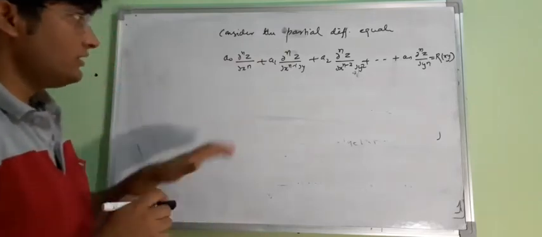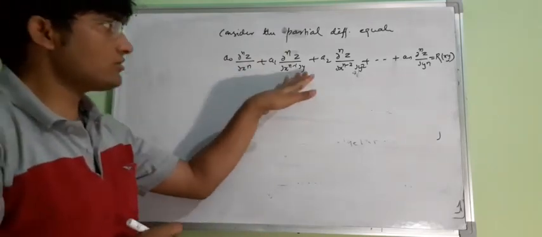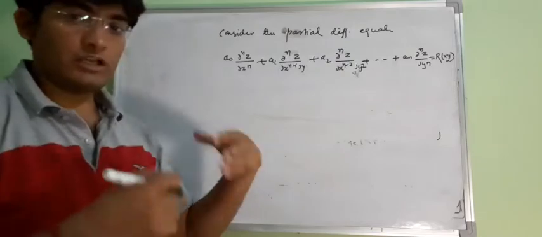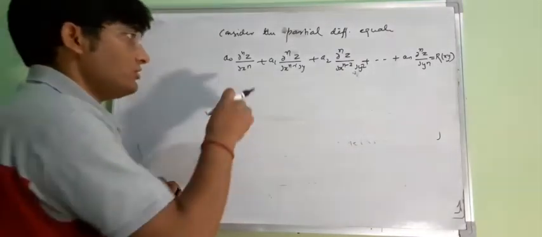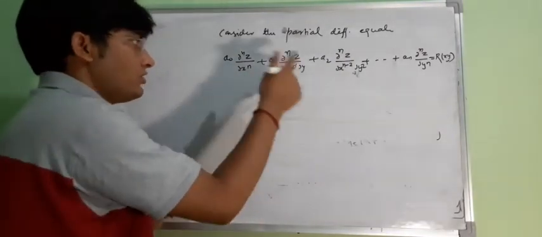Now here you can see that the order of each term is equal to n. That is why we are calling it homogeneous.